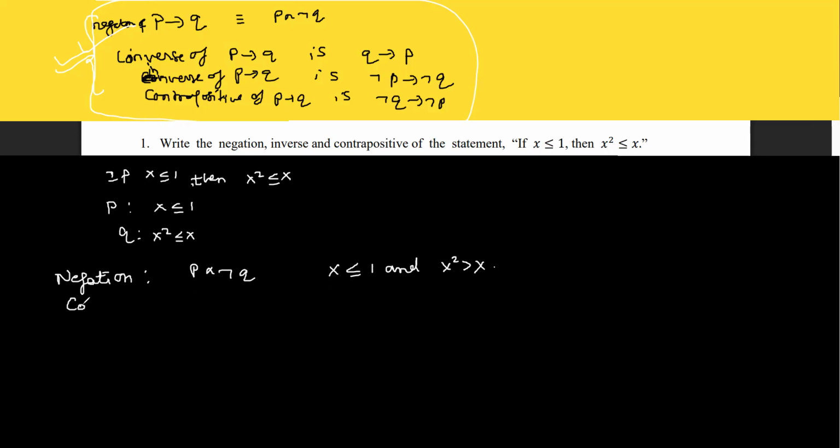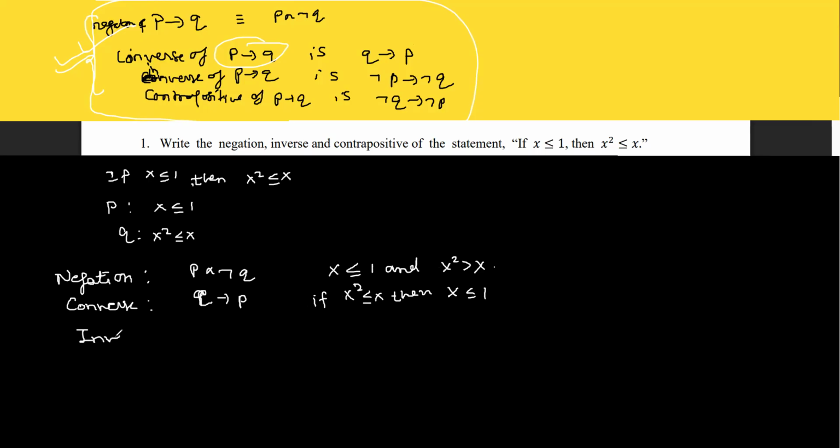What is the converse? Converse of P implies Q is Q implies P. Q implies P means: if x square less than x, then x less than 1.